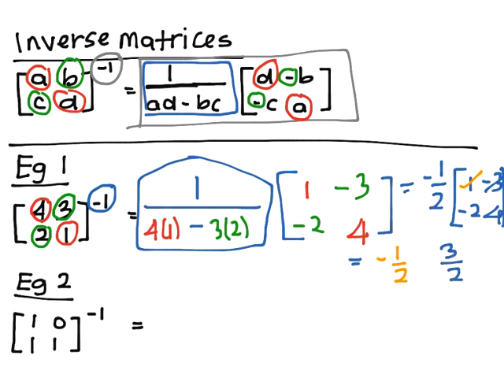And negative 1 over 2 multiply with negative 2, we will have positive 1. And the last one, negative 1 over 2 multiply with 4, we will have negative 2. So this is our final answer for the inverse matrix.